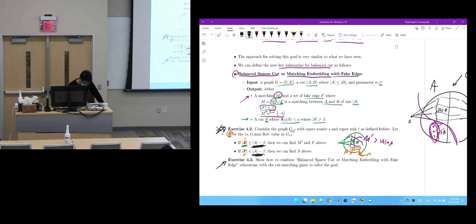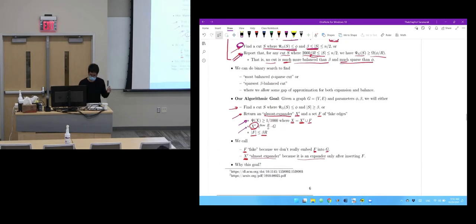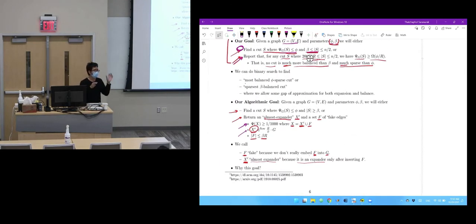I let you do this. Once we can either find a balanced sparse cut or embed a matching with few fake edges, then you would be able to either find a balanced sparse cut or embed an expander with few fake edges. And we have seen that if you can embed an expander with few fake edges, then there cannot be any balanced cut in the graph that is sparse.